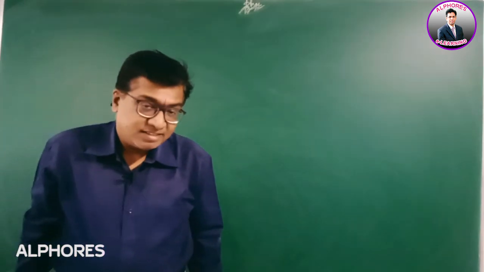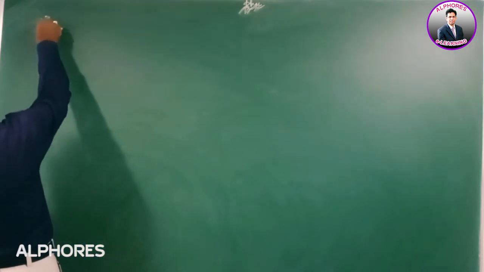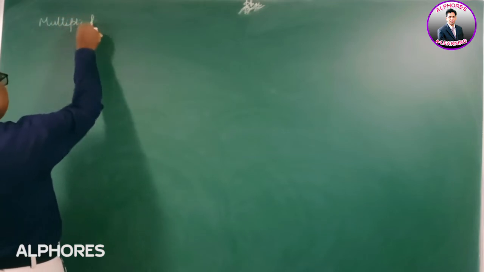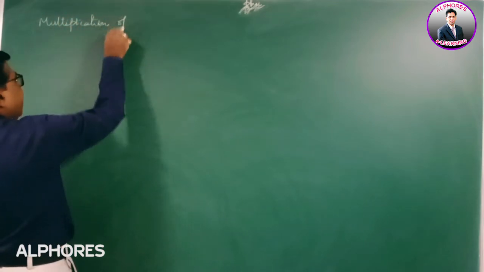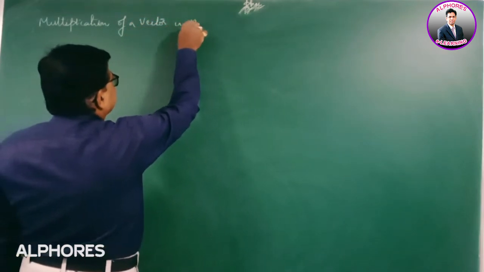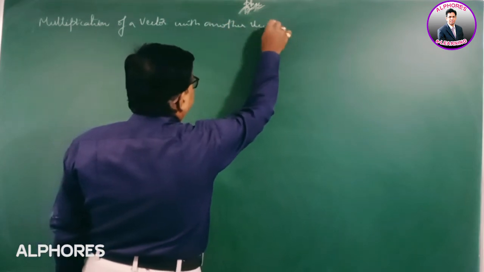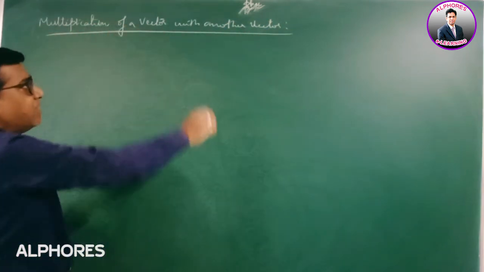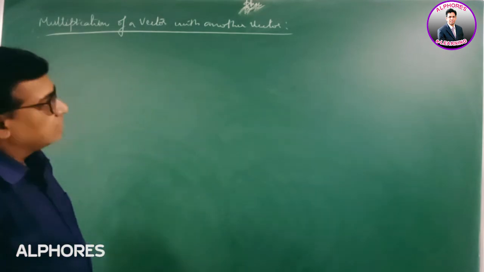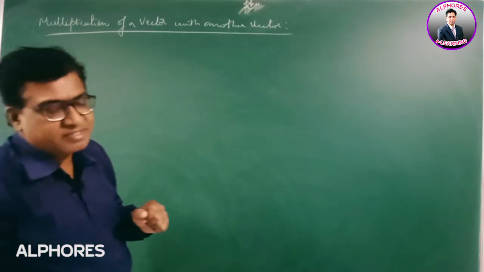Now next let us talk about the product, the multiplication of a vector with another vector. Now how can you study this? This is again of two types.